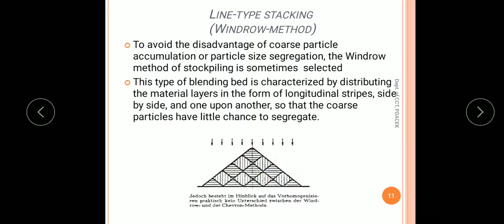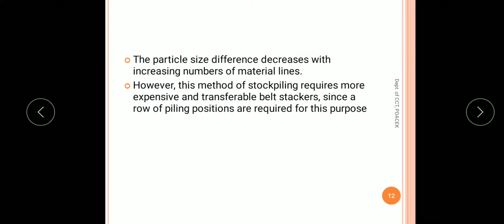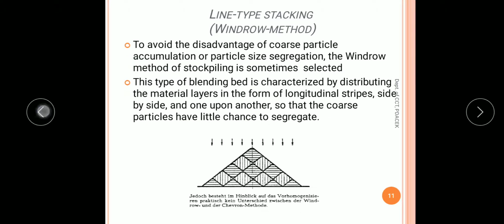So there is no possibility that the coarse particles are only at the edges of the stockpile. The disadvantage of this kind of stockpiling is that a lot of stackers are needed, and it gets expensive.